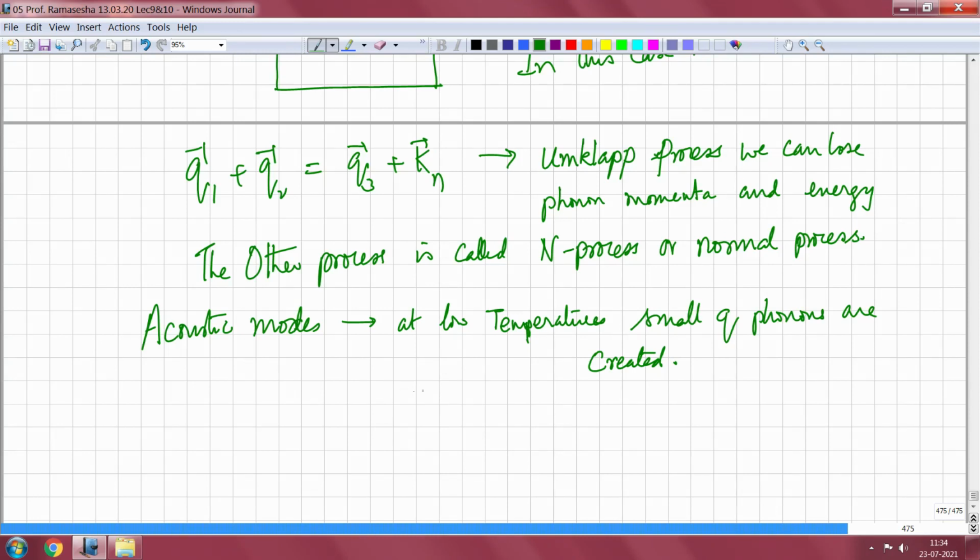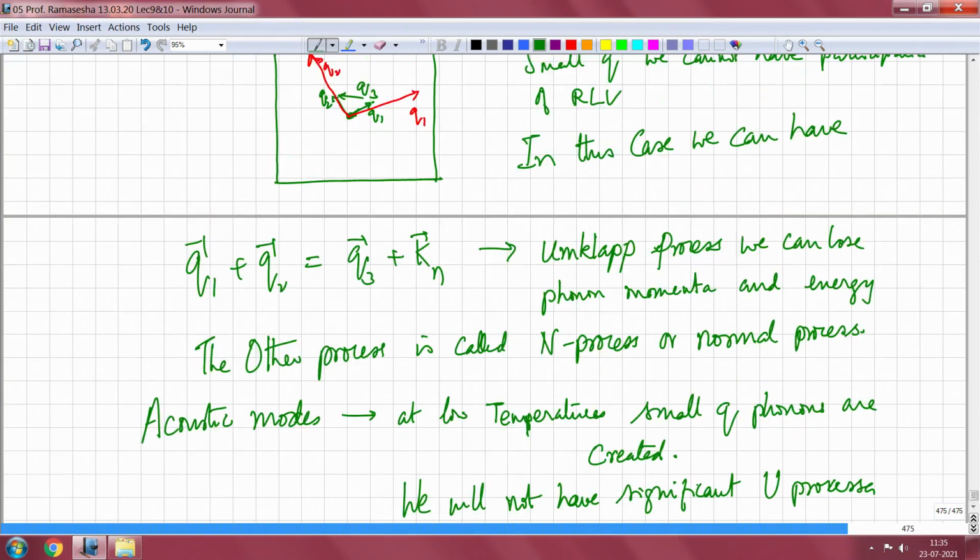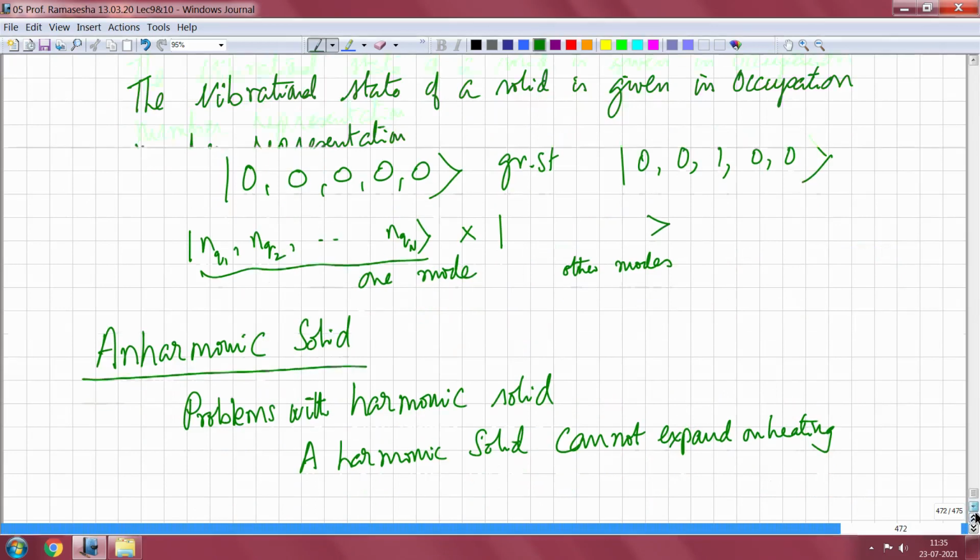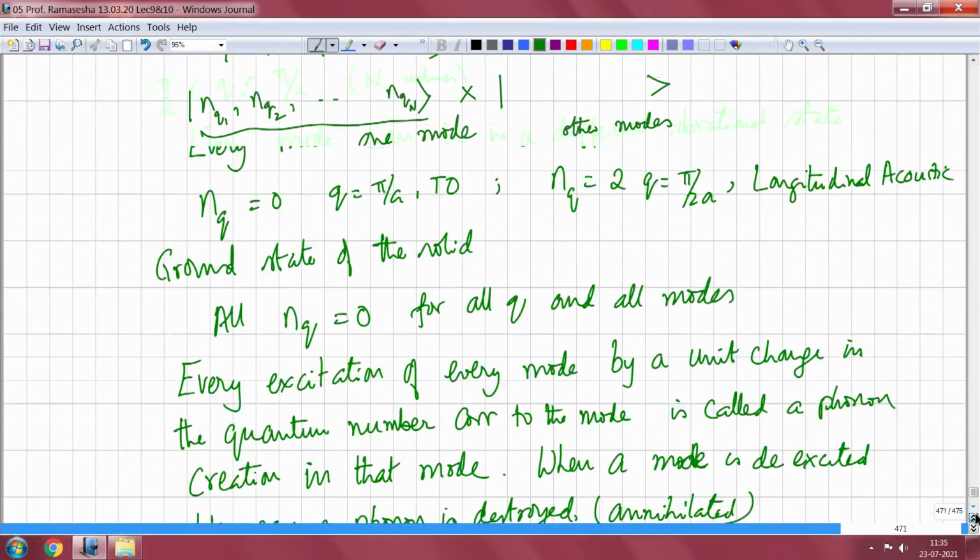So we will not have significant U processes. Like I said, you are somewhere in this region, so in this region you cannot have a significant participation of the lattice.